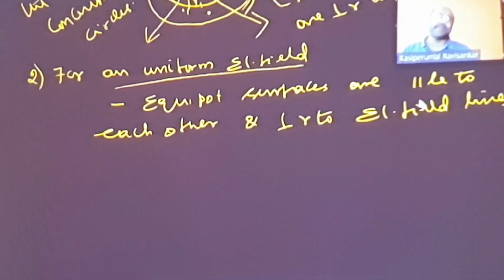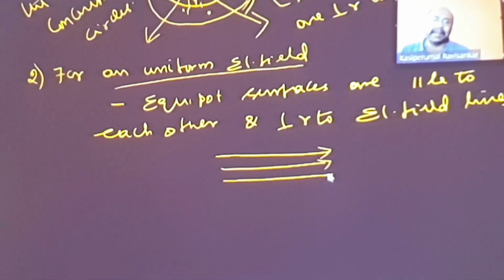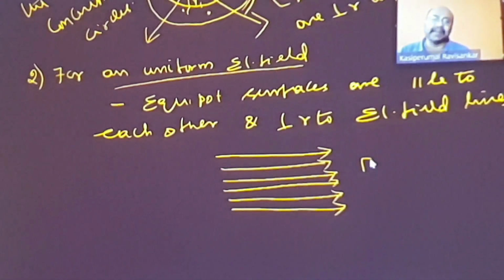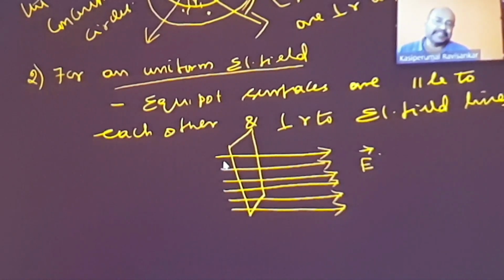How can you explain this? A uniform electrical field is represented by drawing parallel lines. These parallel lines represent a uniform electrical field E. In this uniform electrical field E, the equipotential surfaces are perpendicular to the electrical field lines, and at different points the surfaces are parallel to each other.